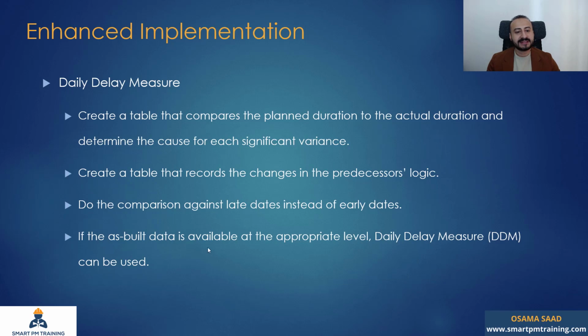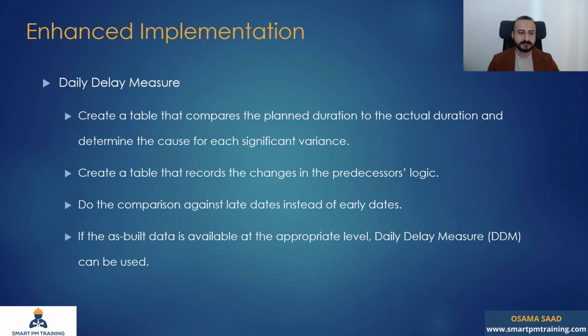And if the as-built data is available at the appropriate level, daily delay measure, DDM, can be used. I know it might be too theoretical for you at this stage.